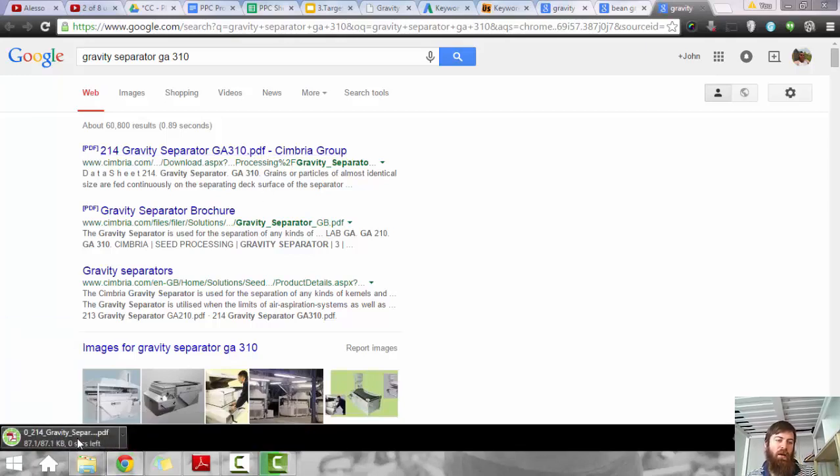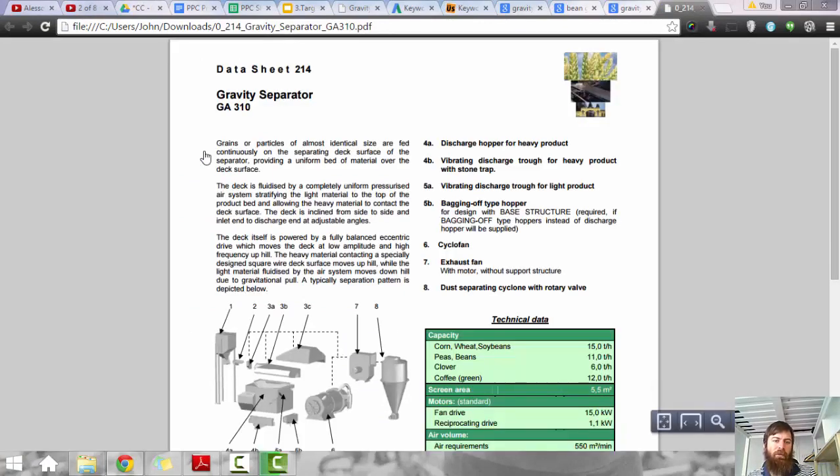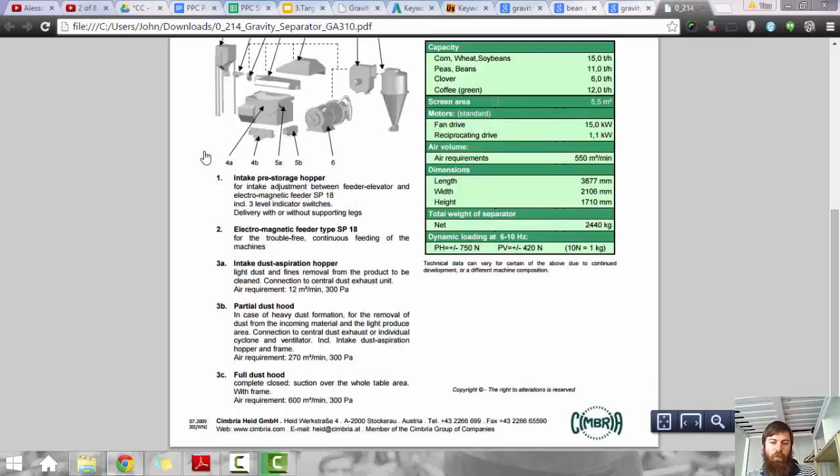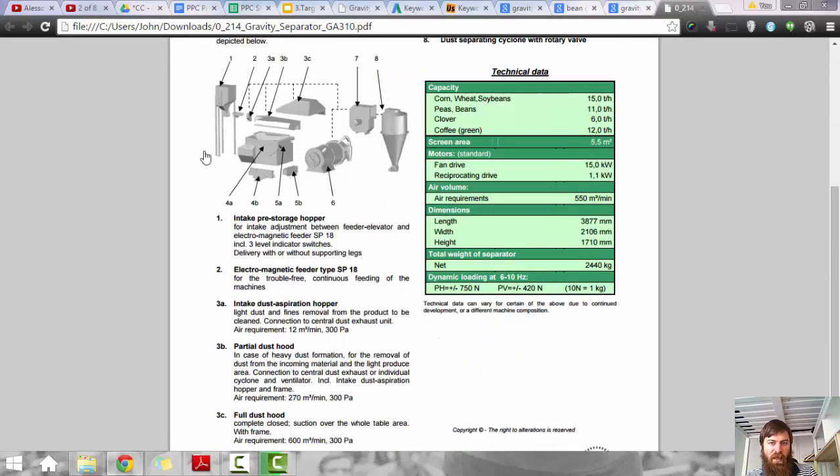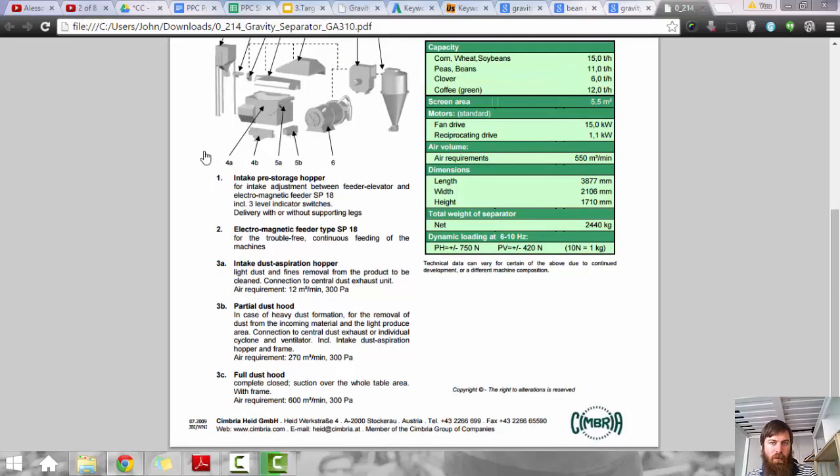So if we can get an idea of the actual code, the SKU number, for all the different competitor gravity separators, it'll help us out a lot. So looking at this, it could give us keywords. Capacity, it does. We're seeing what it sorts: corn, wheat, soybeans, peas, beans, clover, coffee. Company's based in Austria, Cimbria.